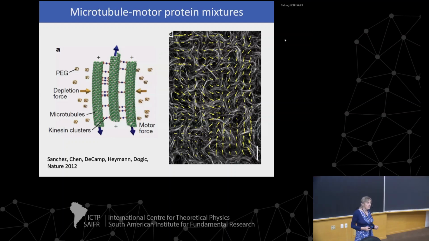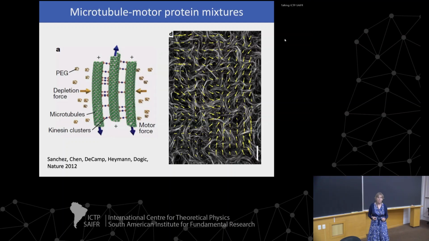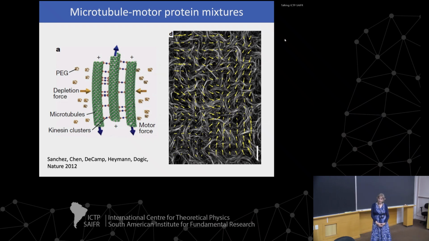Anyway, perhaps the best-known experimental system in this dense nematic active matter is a mixture of microtubules and motor proteins. So these are the microtubules, long polymers, and these are the motor proteins between the long polymers. And these are a bit different because they're two-headed motor proteins, so they hang on to the polymers on either side.